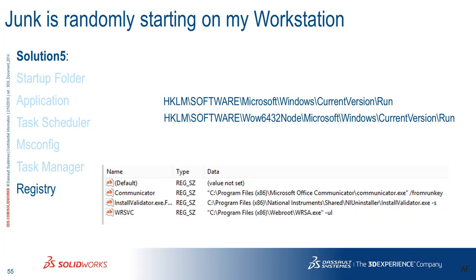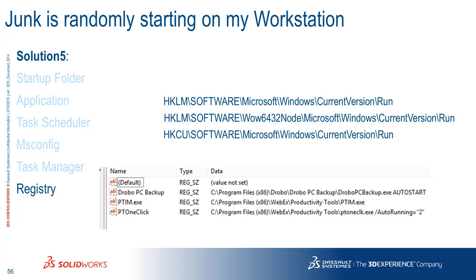Okay. What we can do is go into these two keys, and there will be things listed in there that start automatically. Now, that's my antivirus software. That's that install validator I told you about, communicator. Not a lot of stuff that I wouldn't want in there, but you bring it up in each of these locations, see if there's anything in there that's bothering you or causing you a problem, and just remove the key and you'll be fine.